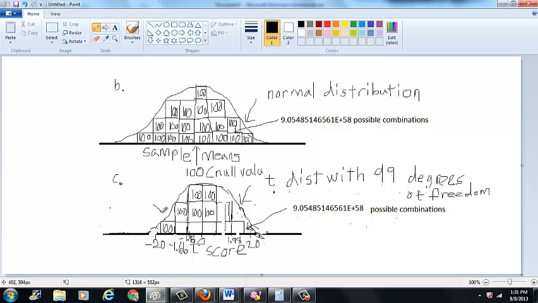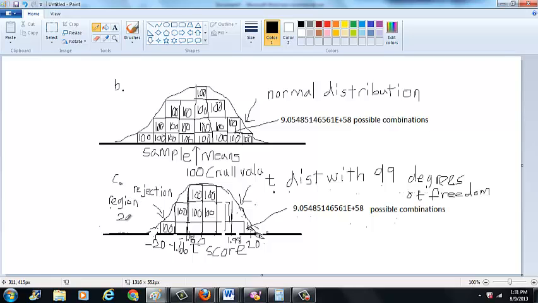We have a rejection region down here at negative 1.98 and to the left. It's actually 2.5%.